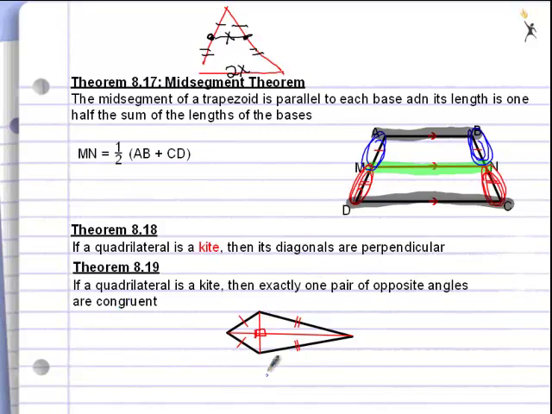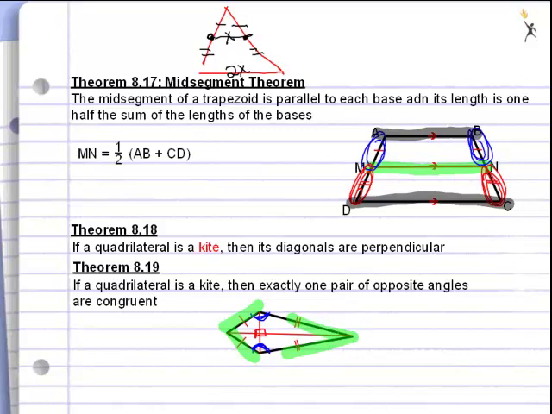Now if you look at this shape, only one pair of opposite angles can be congruent. I'm going to tell you that it's this angle and this angle, which makes sense because if I look at the other two opposite angles, you can see that one of them is greater than the other one.